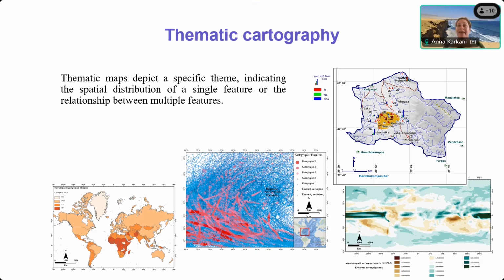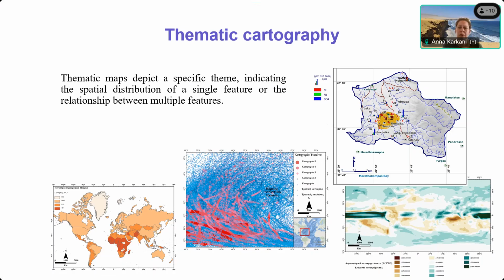A final layout may contain different thematic maps, because usually in the maps we create, we combine different layers in order to represent a specific area or some specific characteristics of an area. So many times we need to do different thematic maps in our final layout and combine all this together in order to show what we want.